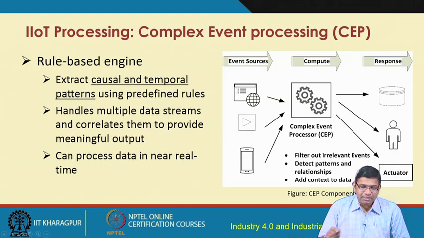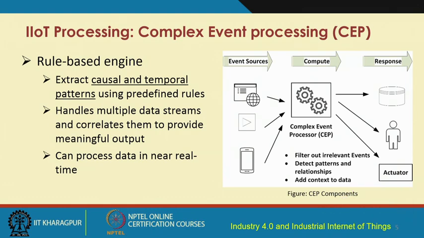So, let us look at this complex event processing. One of the ways to implement it is using a rule based engine, and this is shown in this particular figure.